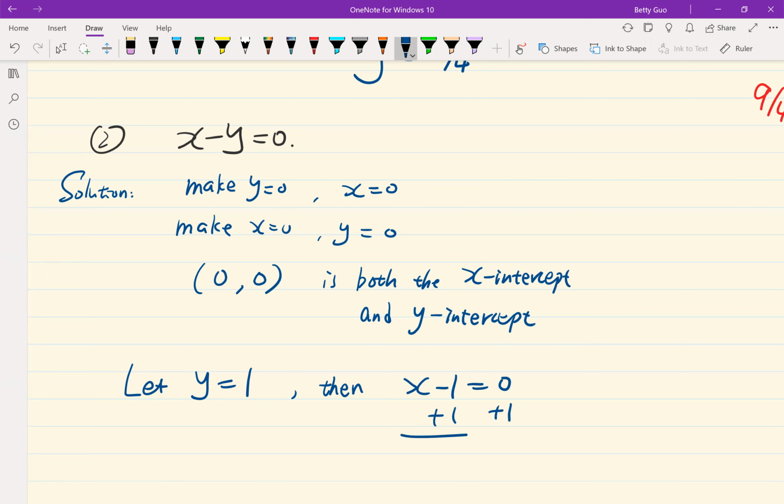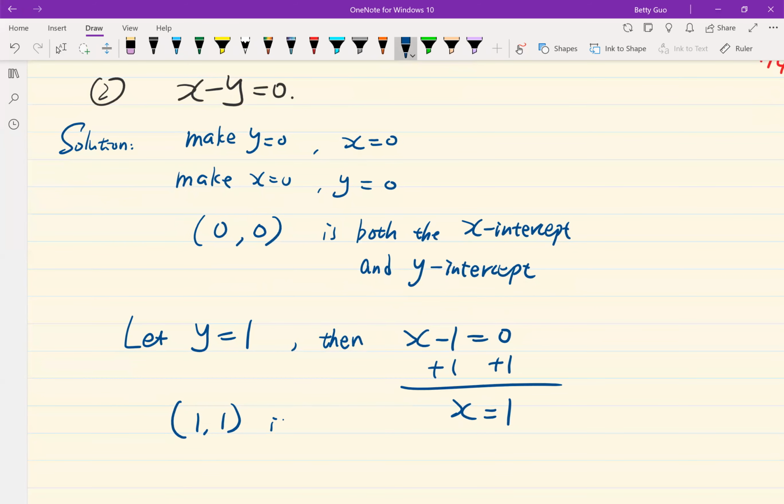We add 1 to both sides. Do we have x equals 1? Very good. So 1, 1 is on the line. It is a solution of the equation.